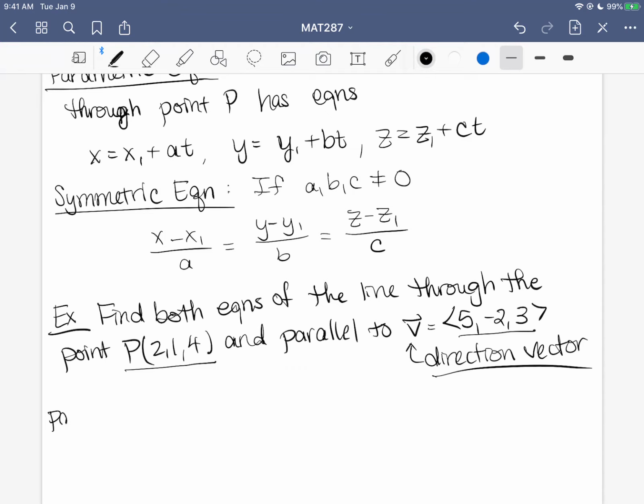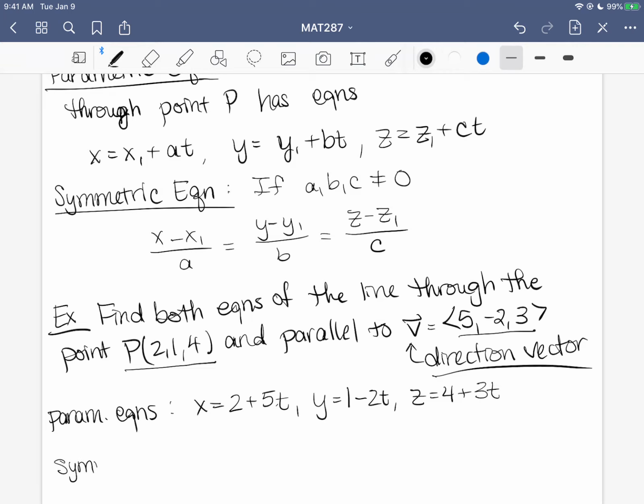So my parametric equations, I just do x equals x1, so 2 plus 5t, y equals 1 minus 2t, and z equals 4 plus 3t.